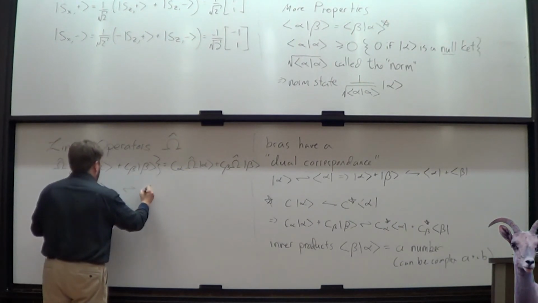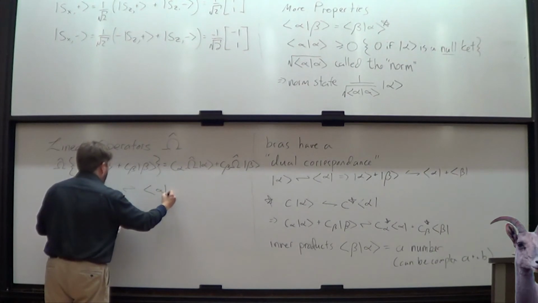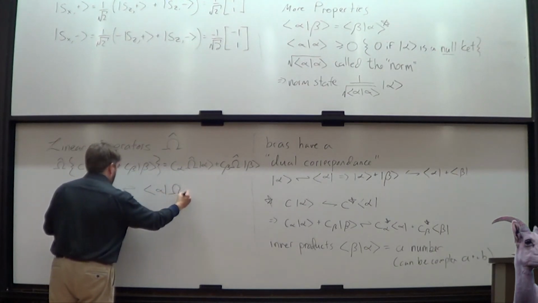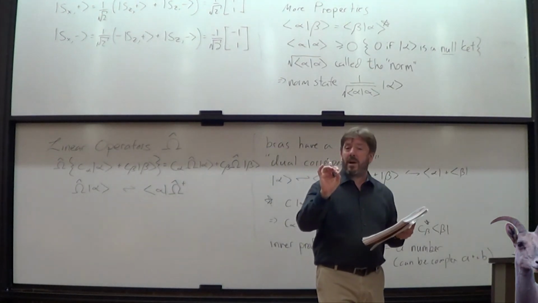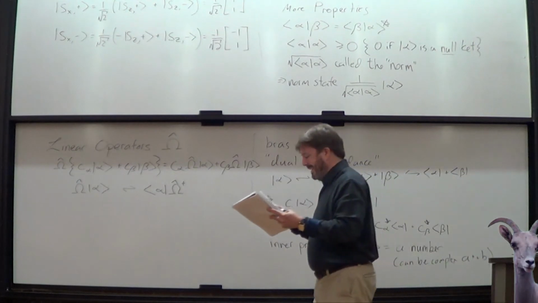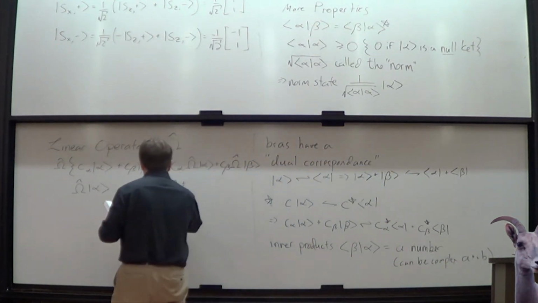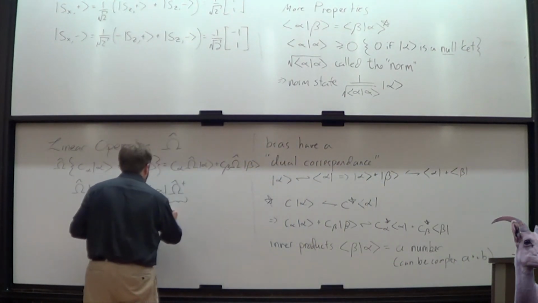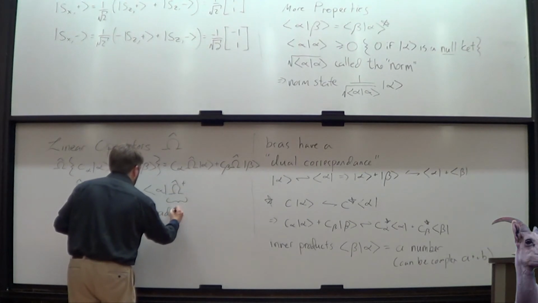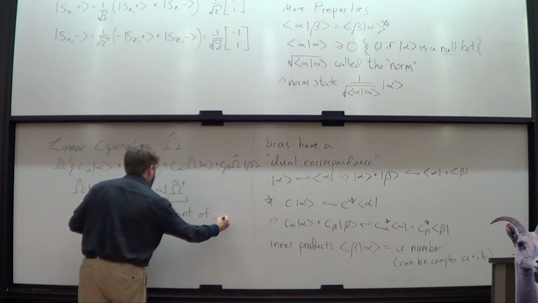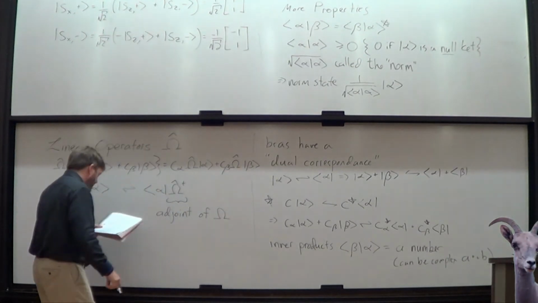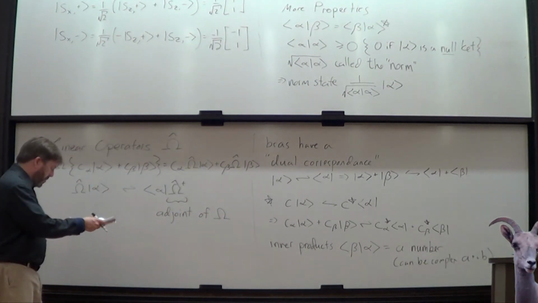It has a dual correspondence with, there's our bra, but I have to put a little star, not a complex conjugate, a little plus. It's not the same. And this is the adjoint of the operator.